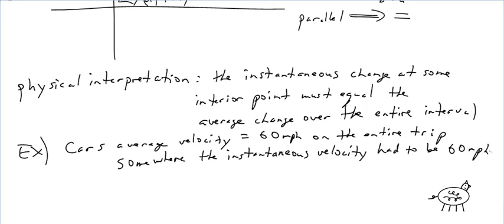Right? Because if you're averaging 60 miles per hour, someplace on there, you had to be traveling 60 miles per hour.